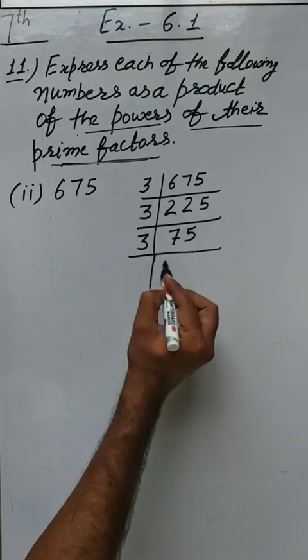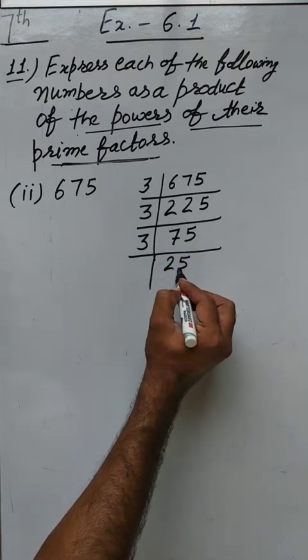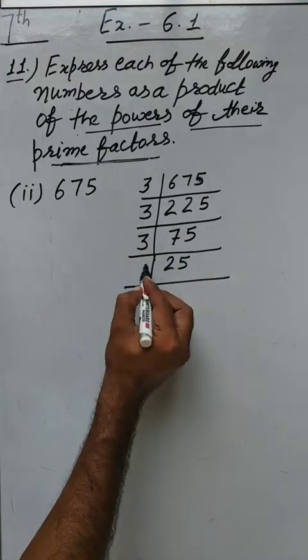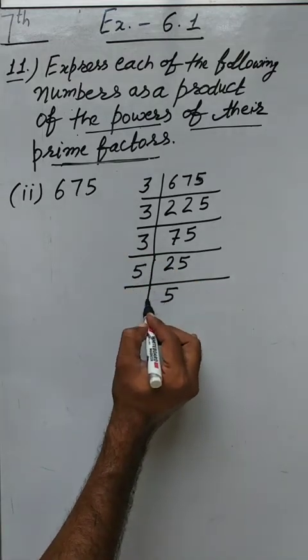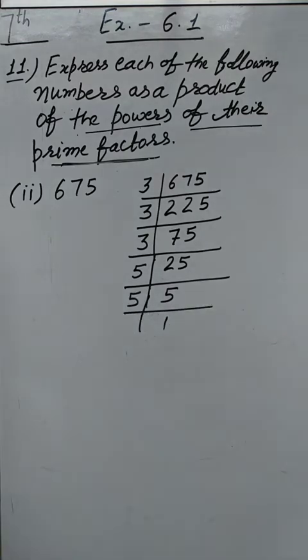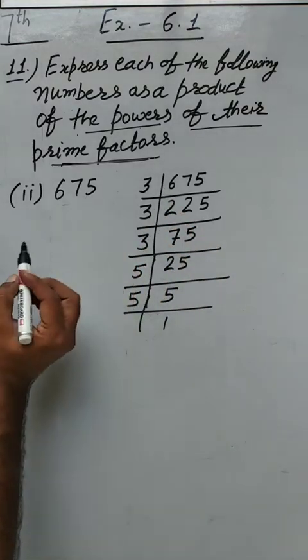Again on 3, 3 twos are 6, 3 fives are 15. Now 25 is divided by 5. 5 fives are 25. And 5 is divided by 5, 5 ones are 5. Okay, beta. So these are the prime factors of 675.